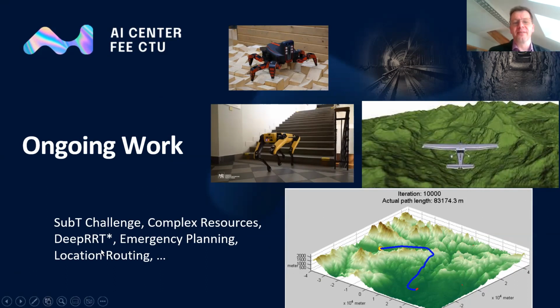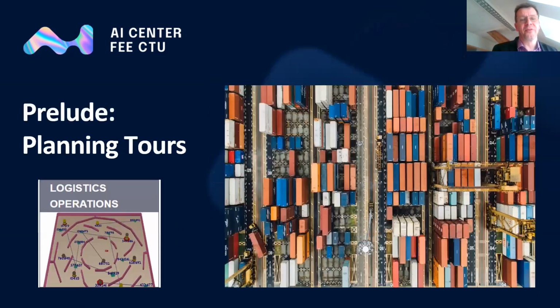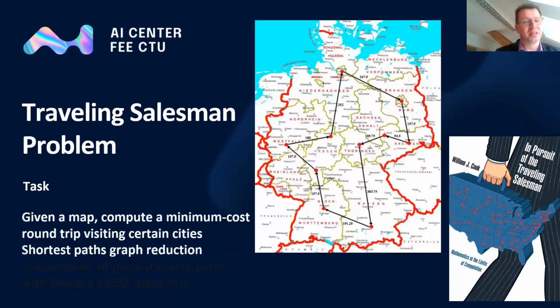And we are also changing some machine learning in the basic algorithm RRT star, some emergency planning if, like, thrust is gone or so, some location routing and so on. So this story will continue. But let us first dive into it. So first we were talking about traveling salesmen and tours. This is well known to the OR community, operations research, and let us just look into it.